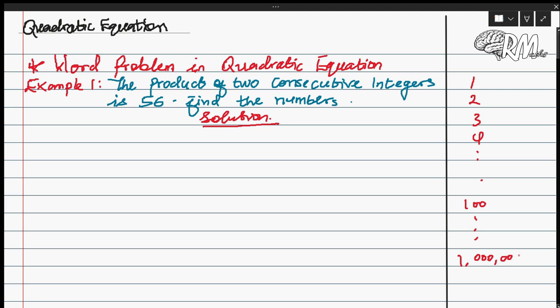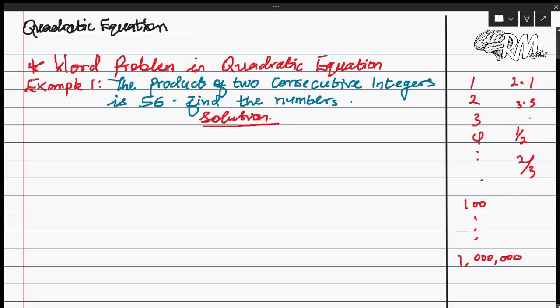So this is called integer. Now, it does not have to do with point, that is 2.1 or 3.1 or 3.2. This is not an integer, and it does not also have to do with fraction, that is 1/2 or 2/3. This is also not an integer. So integer simply means just a whole number.